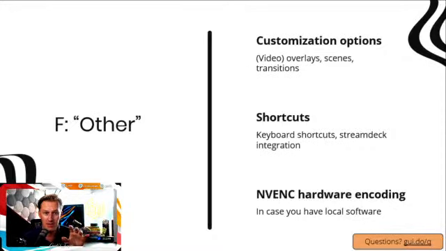But if you do have a video GPU in your desktop that supports NVIDIA NVENC hardware encoding, you ideally want to use a tool like OBS that supports this. So the whole encoding process that we just spoke about can be done on a dedicated chip, and that will save you a lot of CPU power. That will make your system way smoother if you have this enabled. So those are some of the considerations that you might want to make.